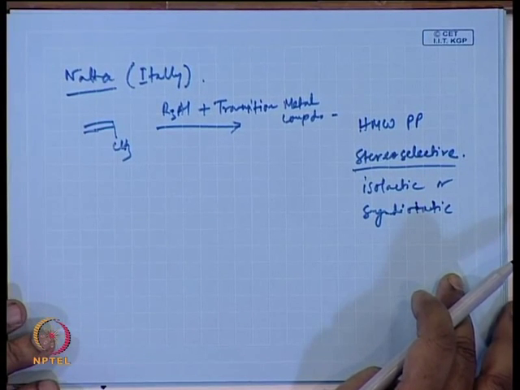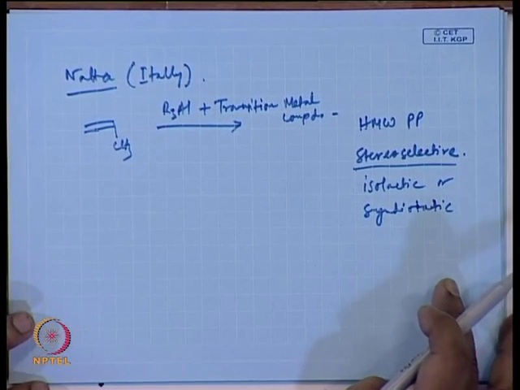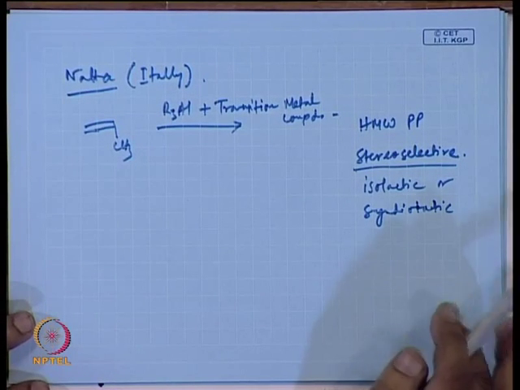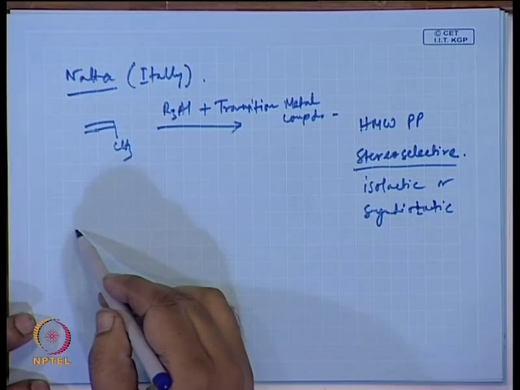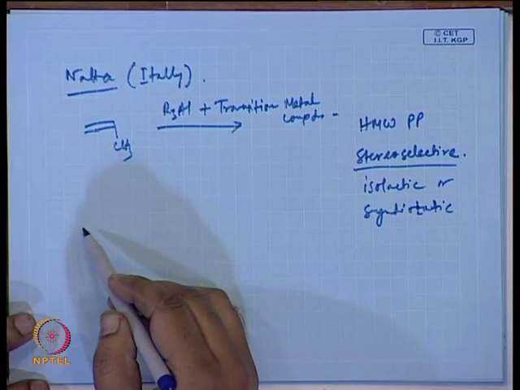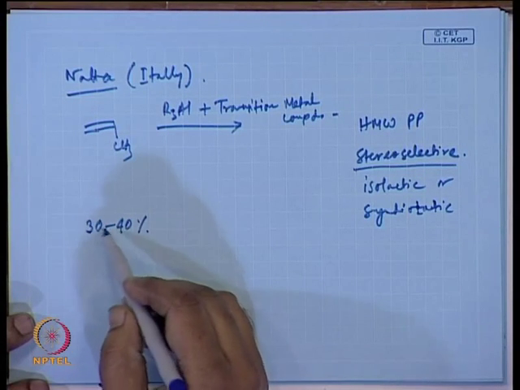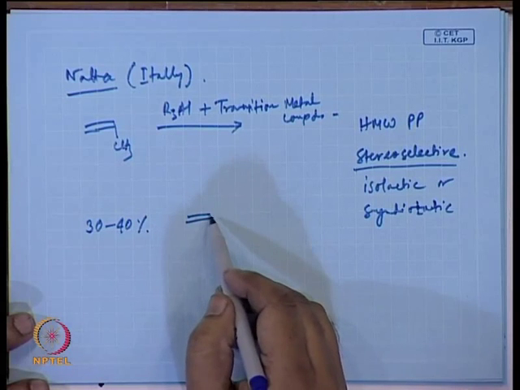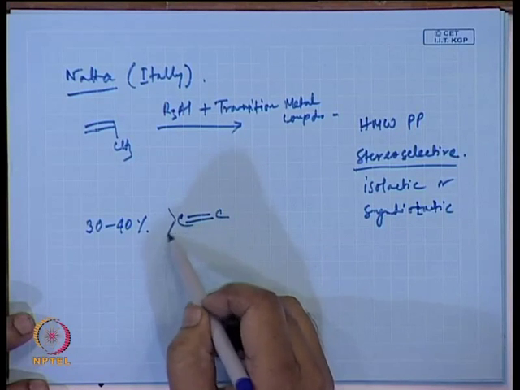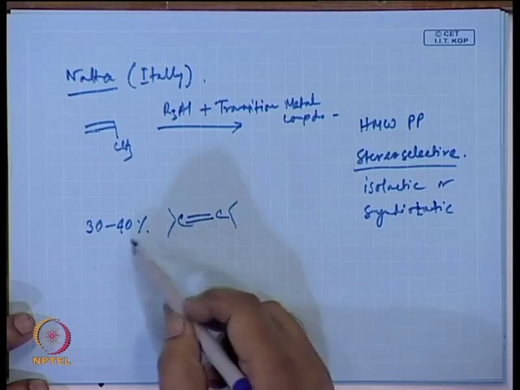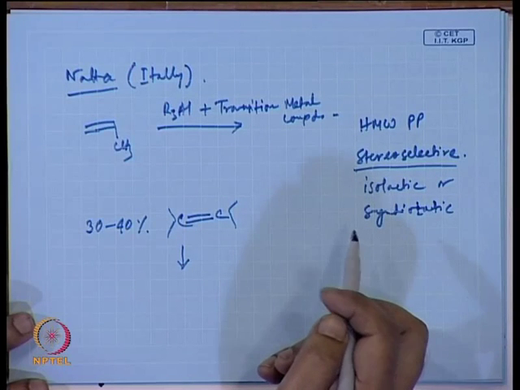Now, these two discoveries have had a tremendous effect in polymer science. Even nowadays, more than 30 to 40% of the polymers which are made from carbon-carbon double bonds are synthesized by this coordination polymerization technique.